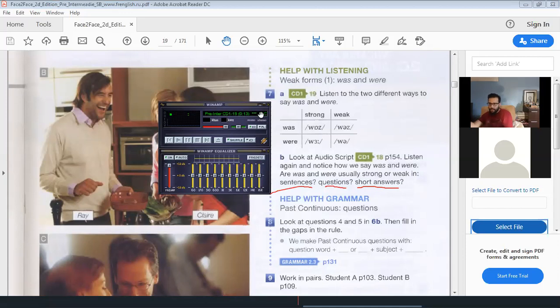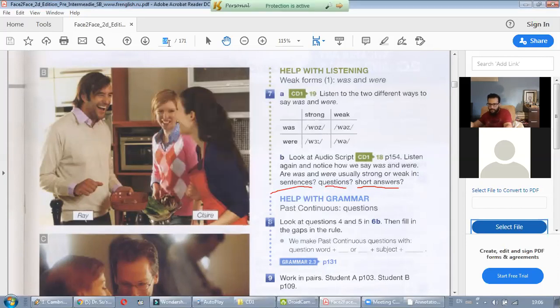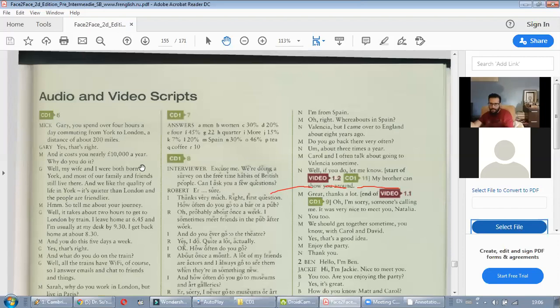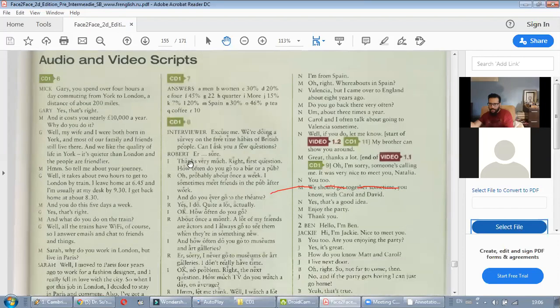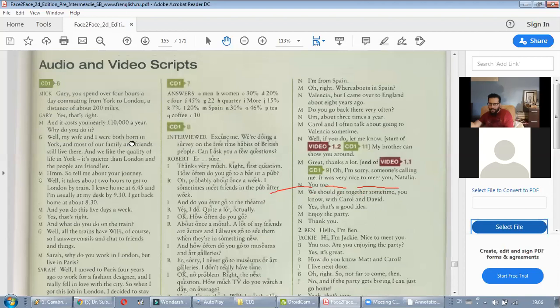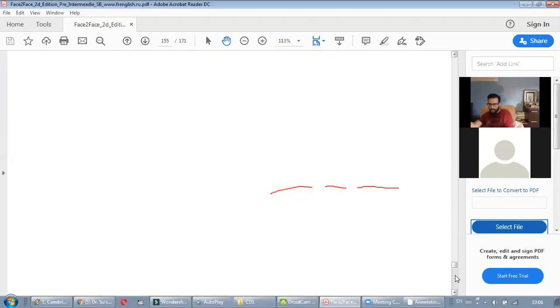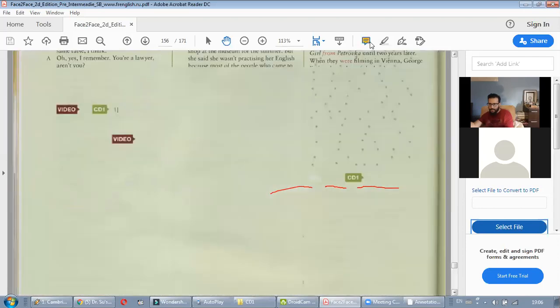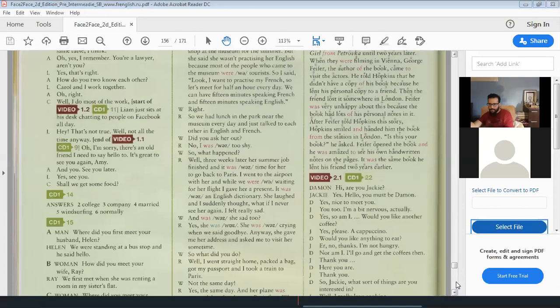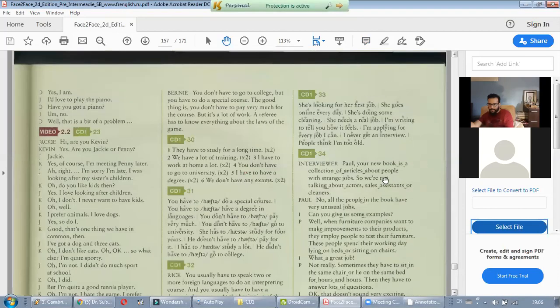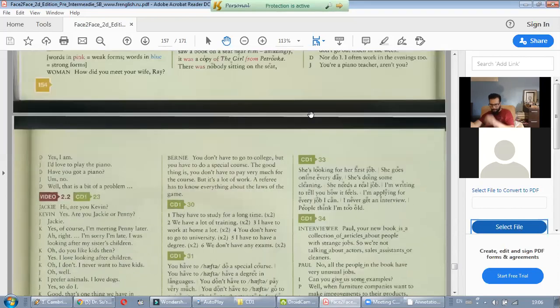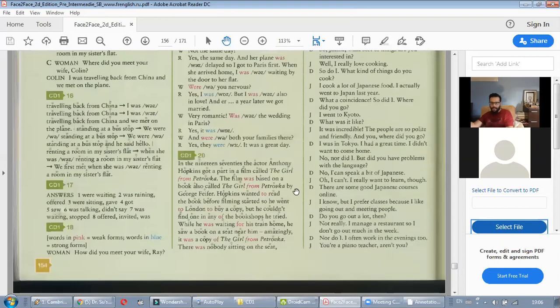So I'm going to take you to the script. The script is usually the writing of the listening track, okay? So I'm going to take you to page 155, and let's see. No, not this one. Okay, here it is.